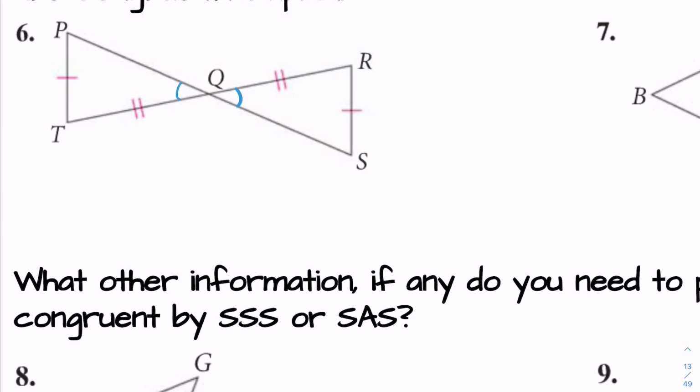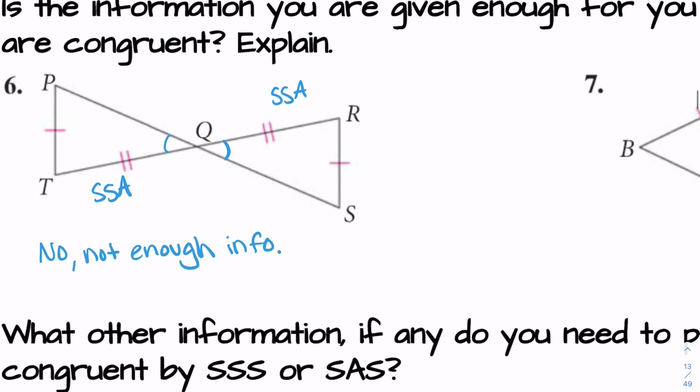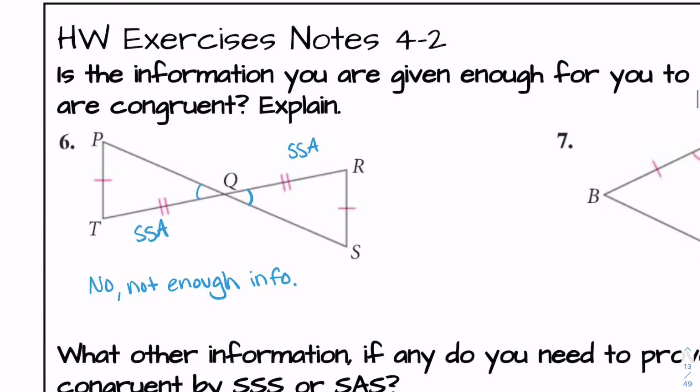It appears that this is side-side angle, and this is side-side angle, and so the answer to this is no, not enough information. Side-side angle is not one of my postulates, so it could possibly be, but at the moment we don't know if there's enough information.